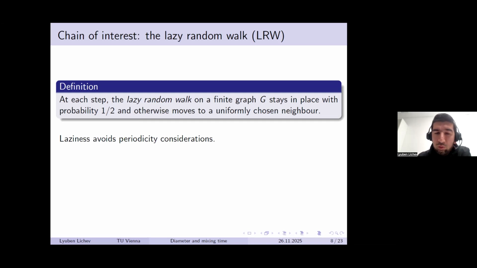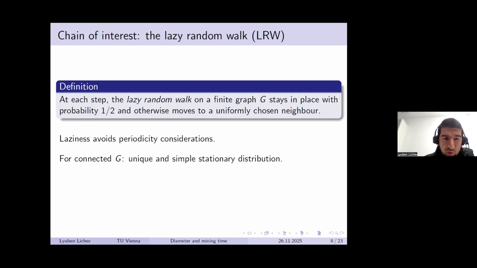So why do we actually need this laziness? Well, simply because our hypercube is bipartite. So if we want to break periodicity of this random walk, which if it wasn't lazy, would change from even states to odd states and vice versa at the next step. So this laziness actually means that the Markov chain is aperiodic.